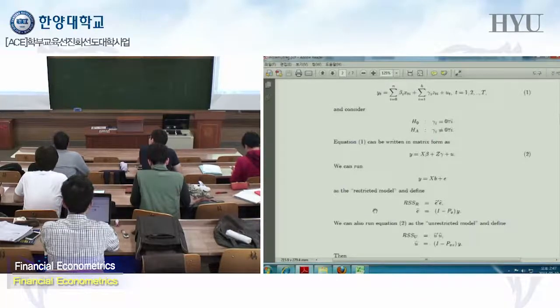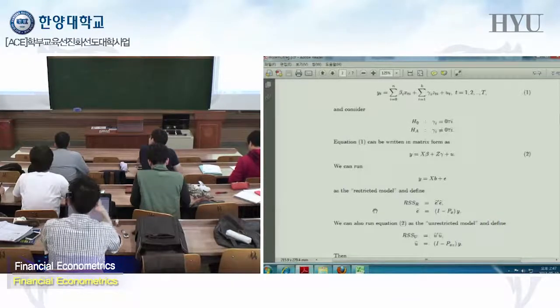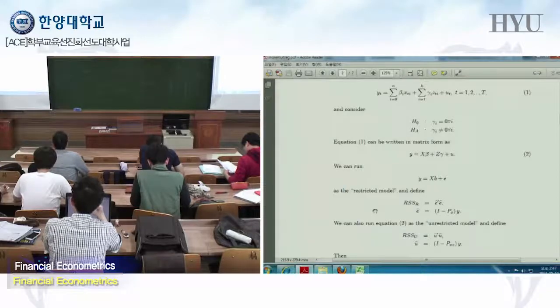For the unrestricted model, basically we run this regression, right? Everything together, run the regression, and we collect the error term U hat, and we sum the squares of U hat.